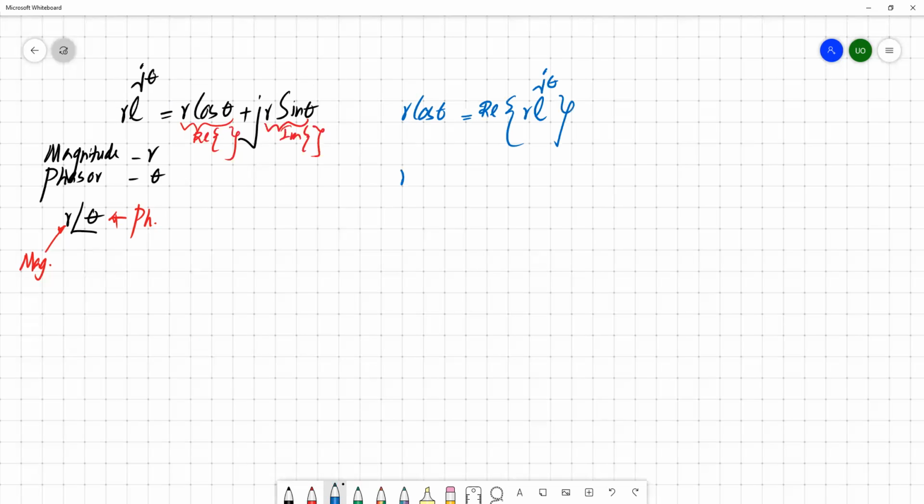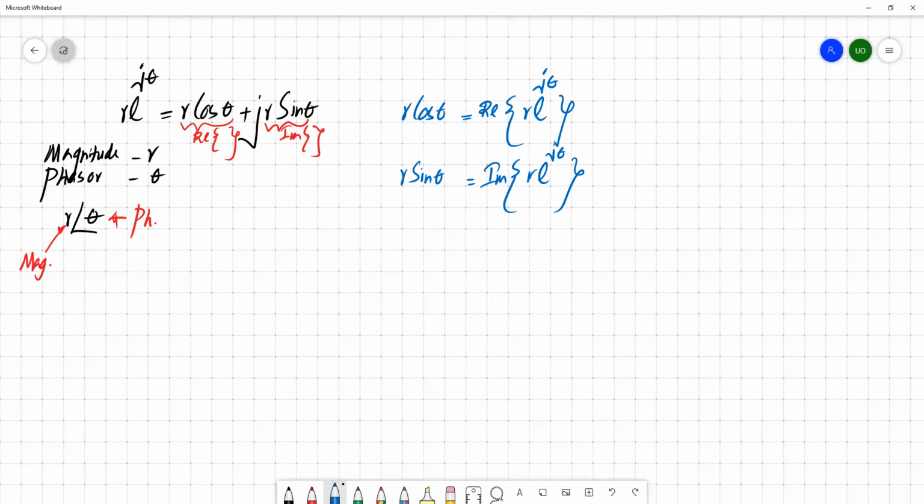Similarly, R sin theta is the imaginary component of R e to the power j theta. Based on this conclusion, we can do a substitution to evaluate the phasor response of the previous scenario.